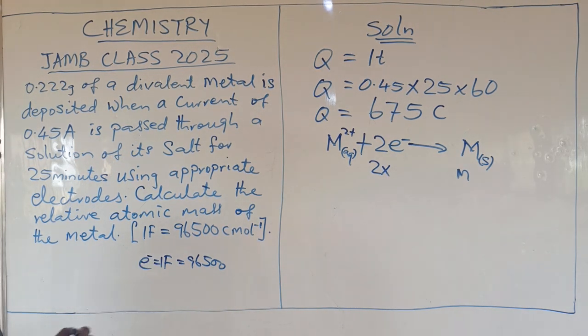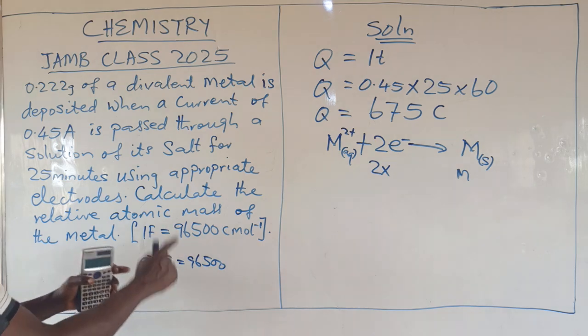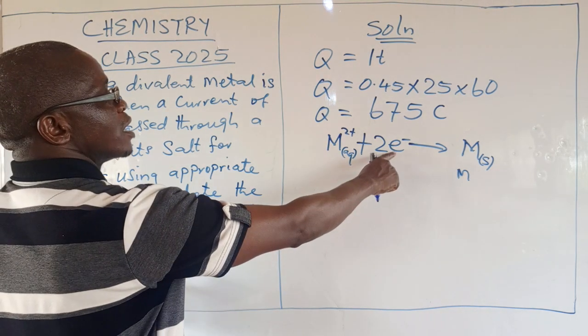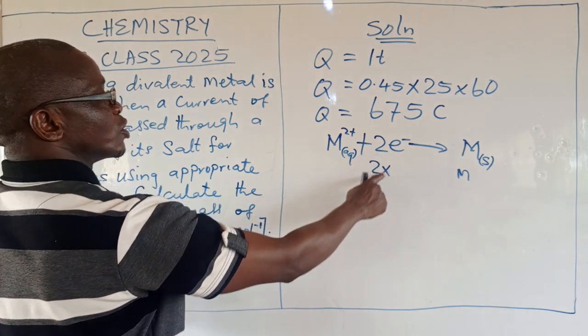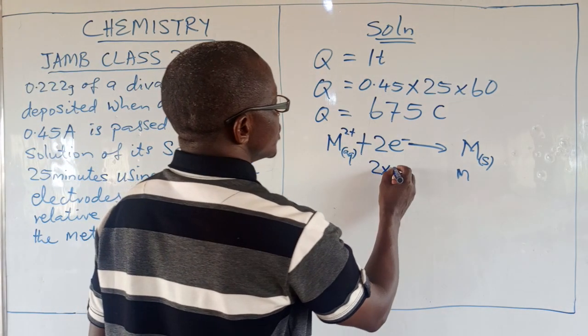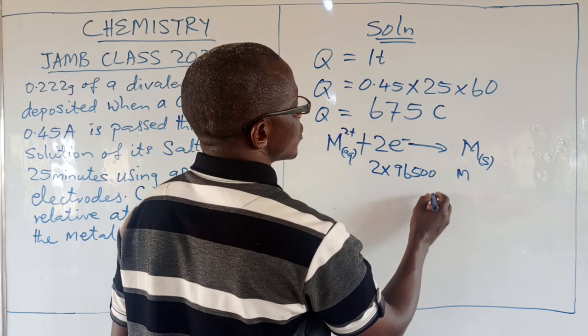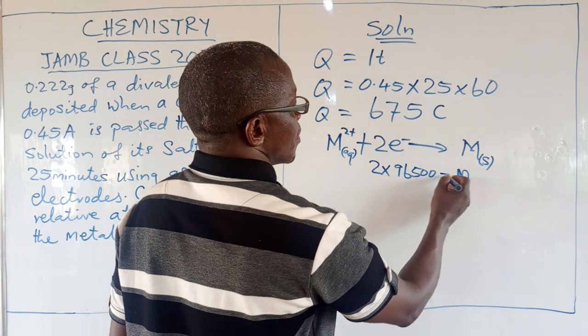So if that is the case, here I have 2 moles of electron. Where I have electron, I will substitute this value, 96500, to give you mass m.